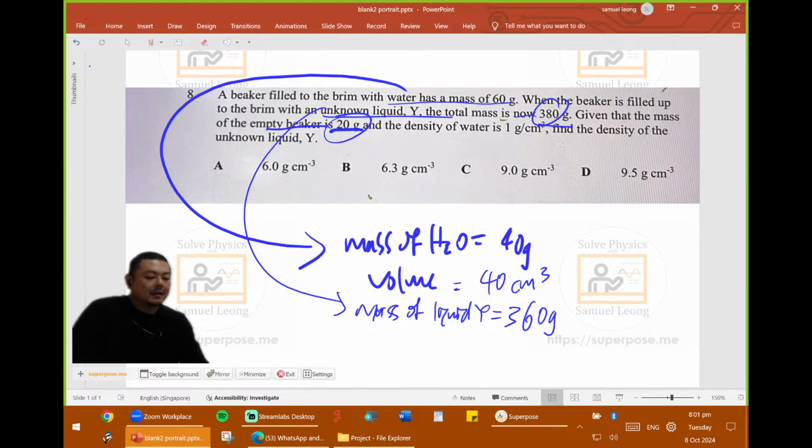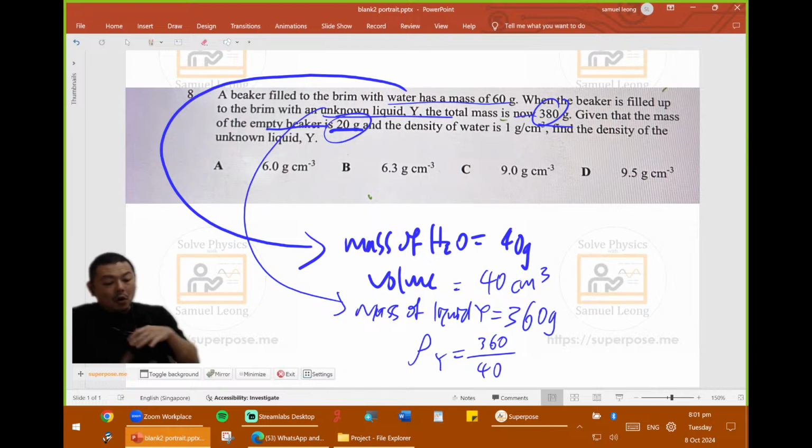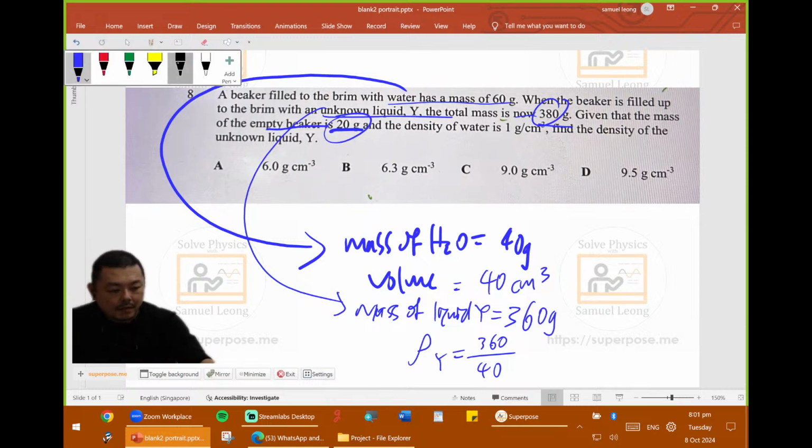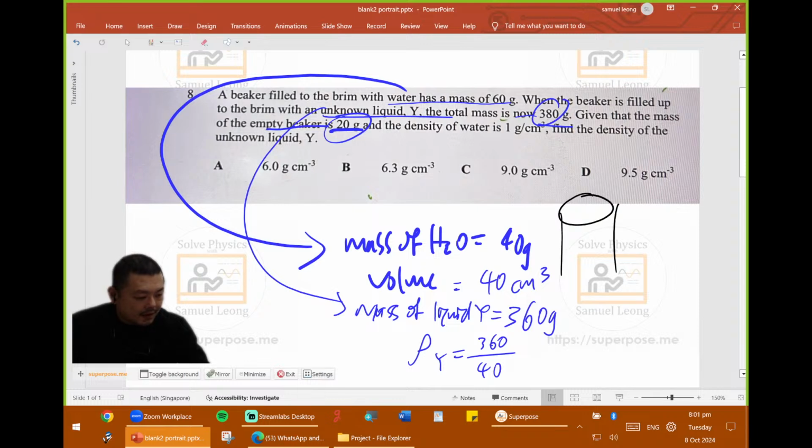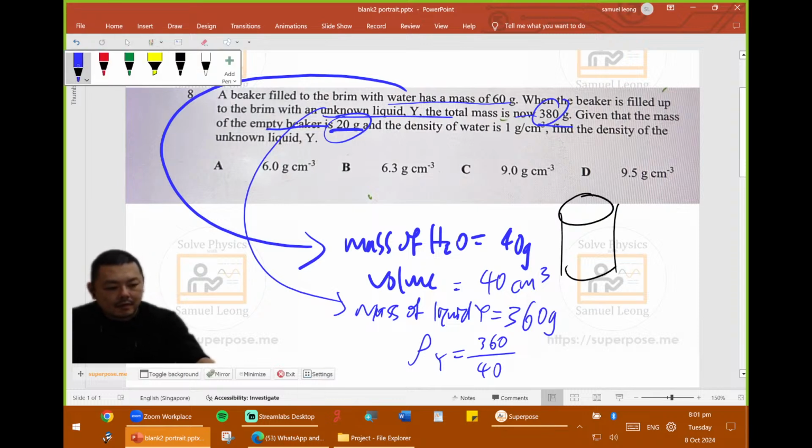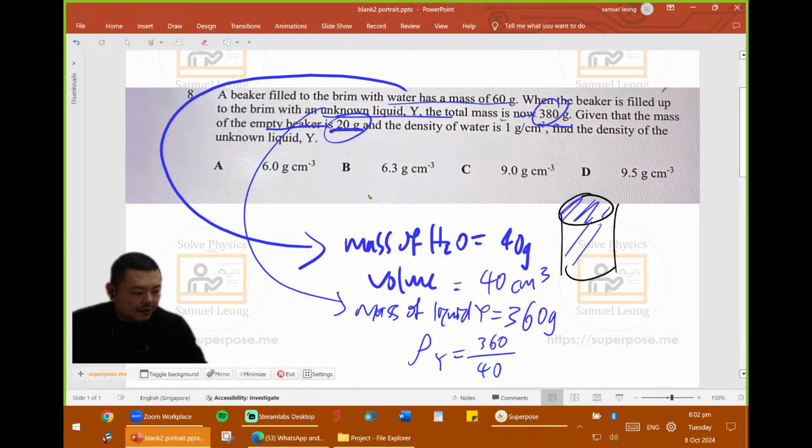Am I right? Yeah, 360 grams. Then you're supposed to find the density of liquid Y, which is going to be 360 grams divided by 40, because the volume of water will be the same as the volume of liquid Y. It's the same beaker. At first you fill it up full of water, so that's why we're trying to find the volume of water used.